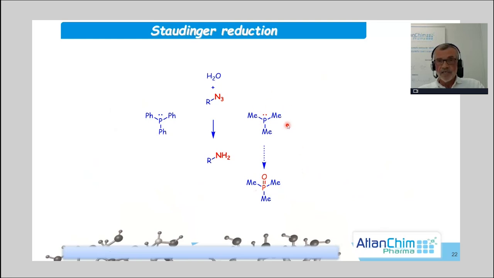In addition, trimethylphosphine is a better nucleophile and is used in a Staudinger reaction when triphenylphosphine is not reactive enough.